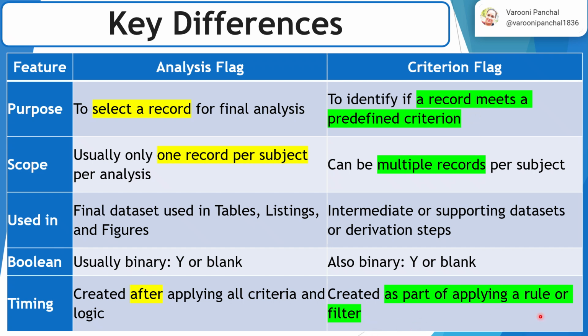For example, I want to generate the tables, listings and figures for males separately and for females separately. That is the rule I'm applying; I'm doing the filter option. Now, out of those males, how many got the first response? That is my second logic, and in that scenario I will use the analysis flag.